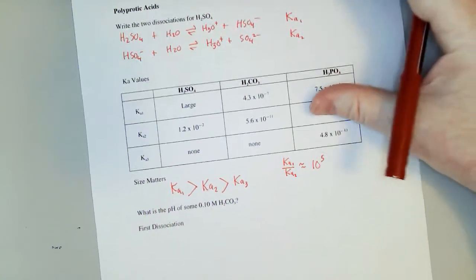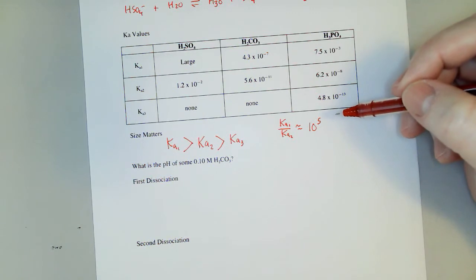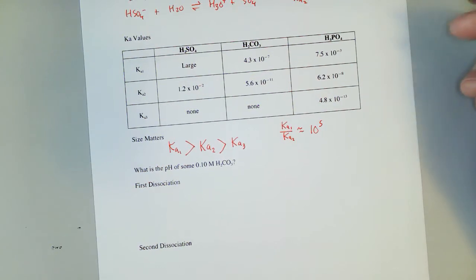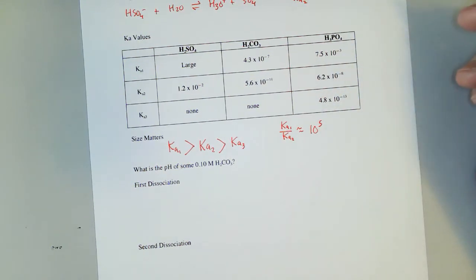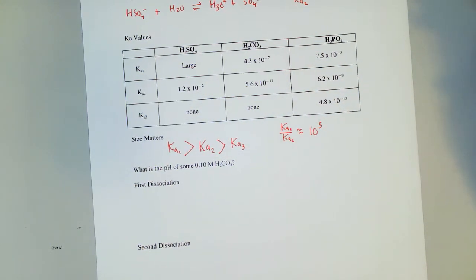So the first dissociation is about 100,000 times stronger. I'm sorry, I misspoke earlier. So you can get a lot more hydrogen or hydronium ion, whatever you want to call it, off of the first dissociation than off of the second.